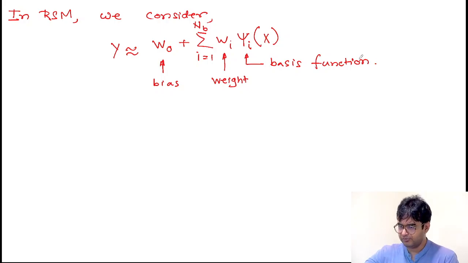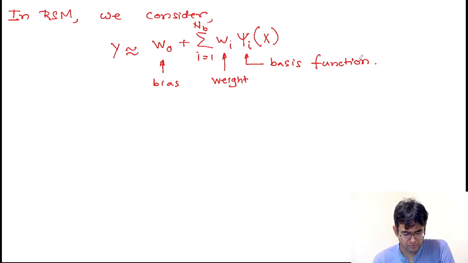It will become polynomial when you do a response surface, but because we are talking in a generic sense, it's a basis function. It can be any basis. This basis function can be non-linear, by the way. Because I am saying it is linear regression does not mean that the basis function will be linear. It is called linear regression because it is linear in weights, not linear in x. That is one small distinction that should be clear to you.